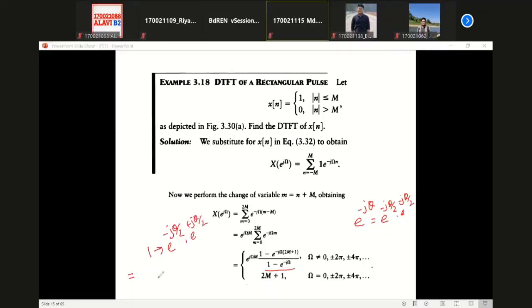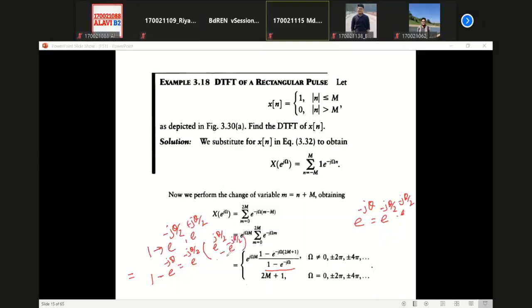We can. Then if we have 1 minus e to the power minus j theta, that can be written as e to the power minus j theta by 2 common, times e to the power j theta by 2 minus e to the power minus j theta by 2. Can we write this? Yes, sir.